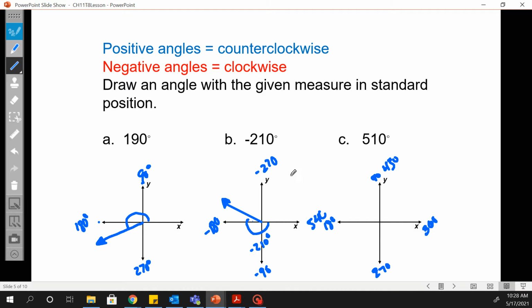So it's actually going to be right here, because I'm looking for 510.